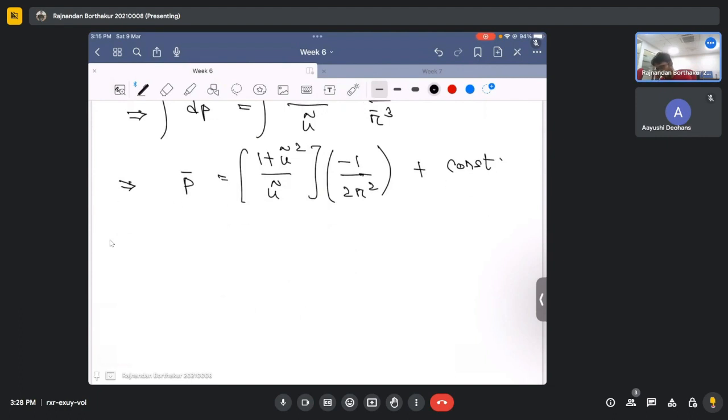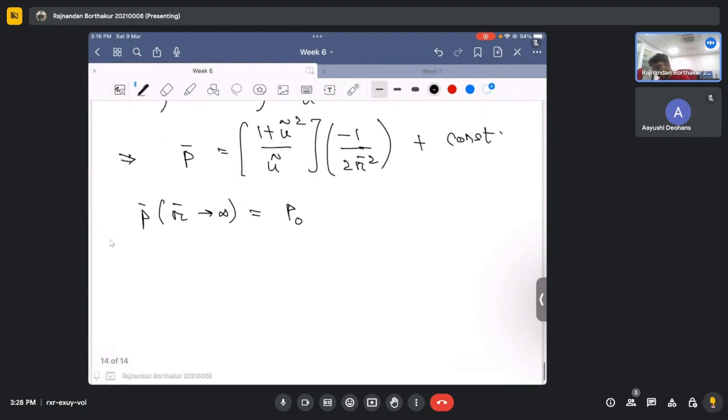And of course this is R bar. For evaluating this constant, we need the boundary condition. As you remember, the boundary condition was that the pressure when R bar tends to infinity, that is the pressure at far field, is equal to the atmospheric pressure P naught.